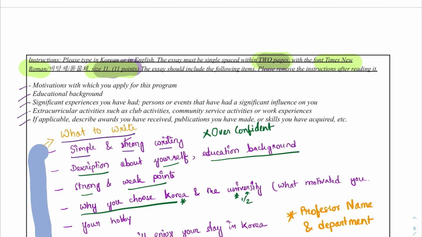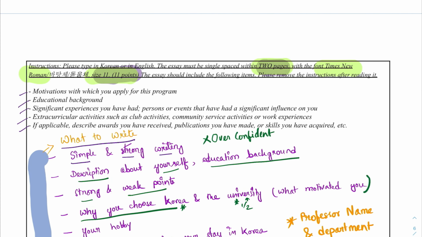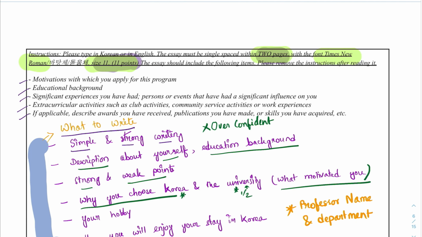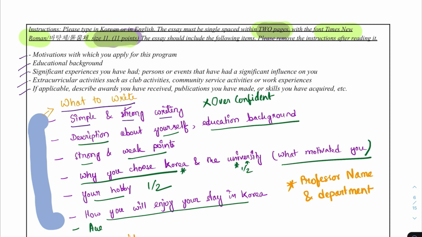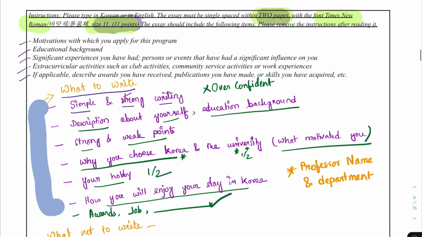You should mention 1 to 2 lines about your university, what motivated you to study here, and your hobby, 1 to 2 lines. You can tell how you will enjoy Korea when you stay here, and tell about your awards or any job you have attained. Everything you have to mention in this page.